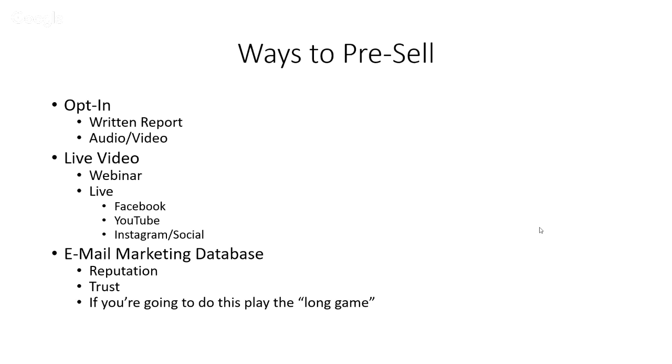Now, some people do play a good short game and they just build their list as big and as fast as they can. And if a bunch of people unsubscribe, they're not really concerned about that. And again, I'm not saying it's a bad thing. I'm just saying don't copy a business model because you think something's working, just because you see it or because you're on somebody's list who does that.